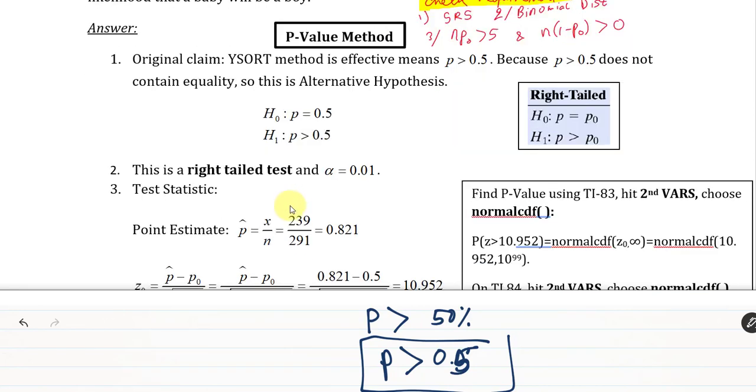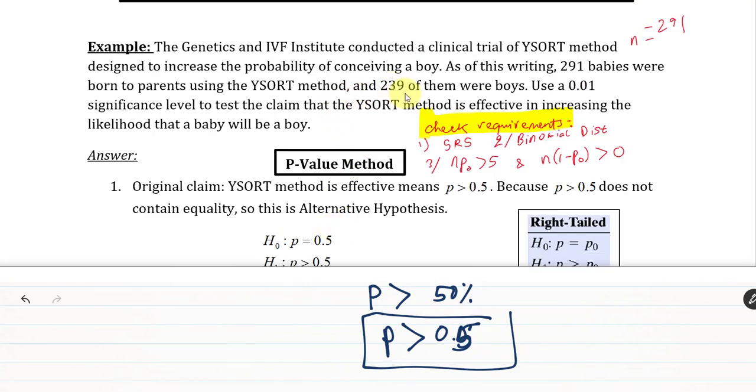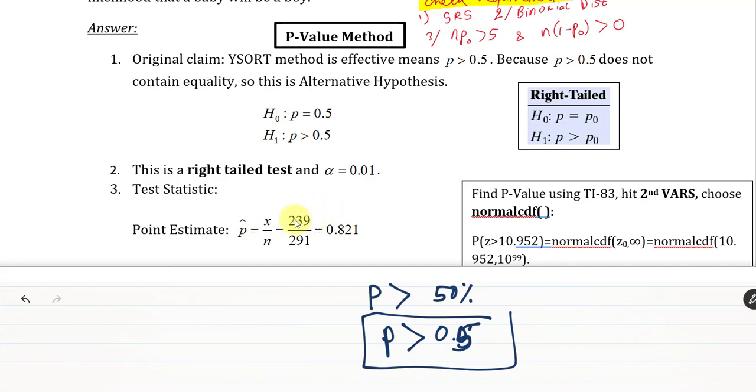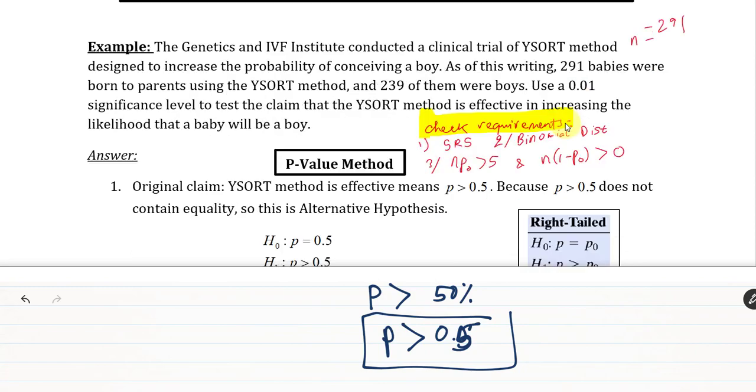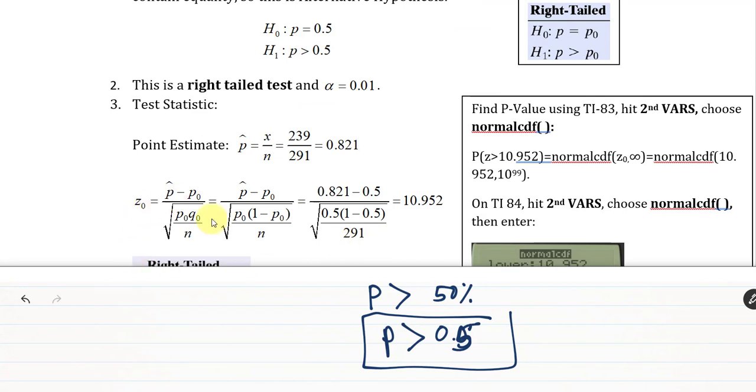And then we use the point estimate formula from before. p hat is equal to x over n. x here is 238, the number of boys in the problem, so x is the subject: 238 out of the sample size of 291. And that ratio is 0.8179. And then you apply the z test.